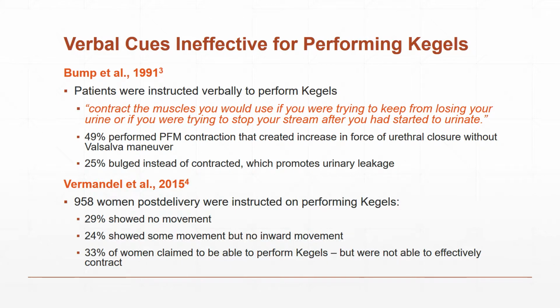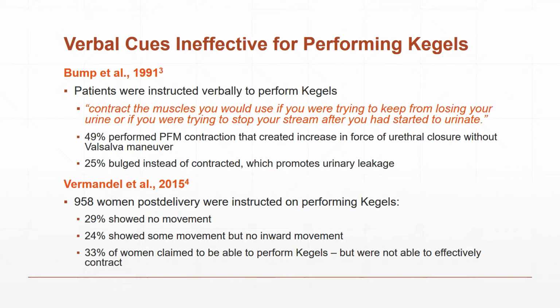They gave these cues to all the patients and then performed the exam. 49% of them were actually able to perform some type of pelvic floor contraction without holding their breath. However, 25% of these subjects bulged instead of contracted, which is actually the opposite of what we want patients to do. And this type of activity actually promotes urinary leaking.